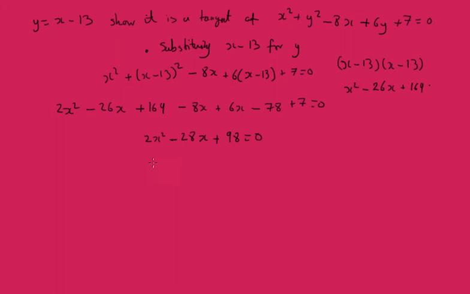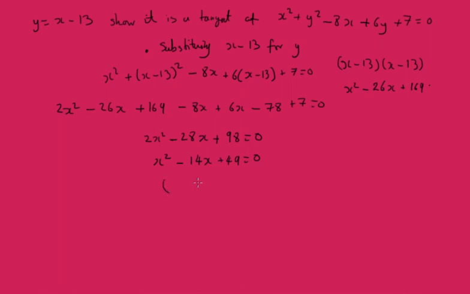Now we can divide through by 2. It's going to be x squared minus 14x plus 49 equals 0.